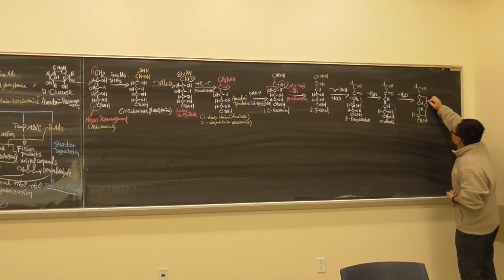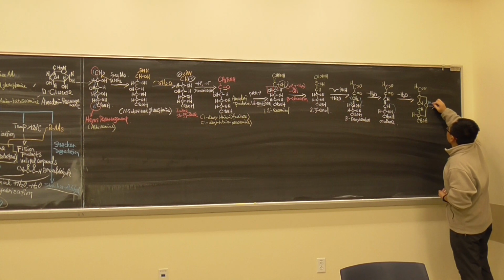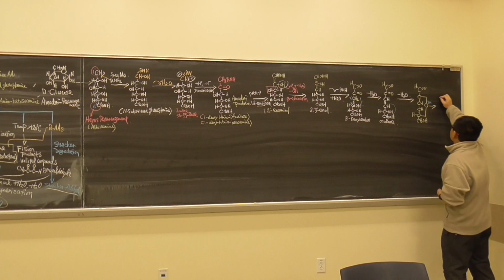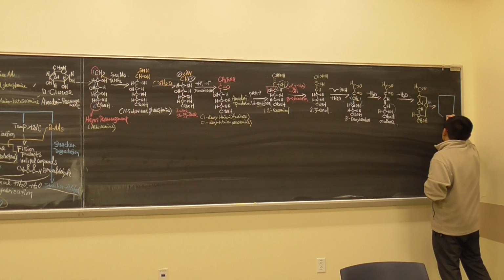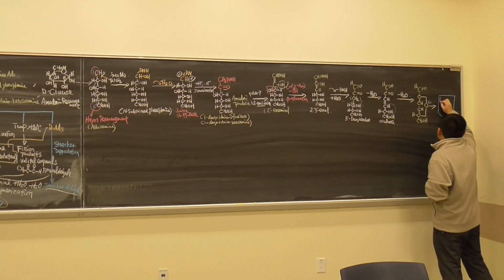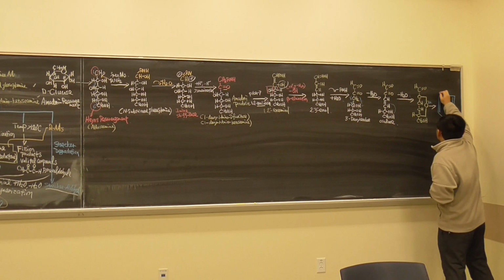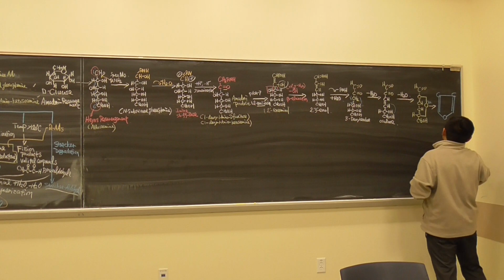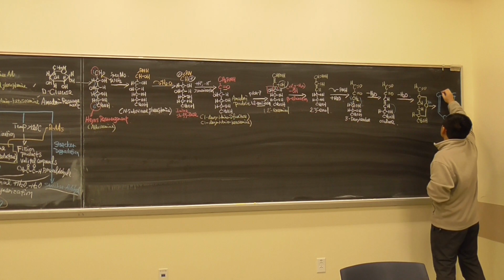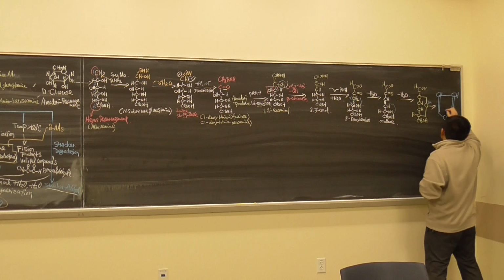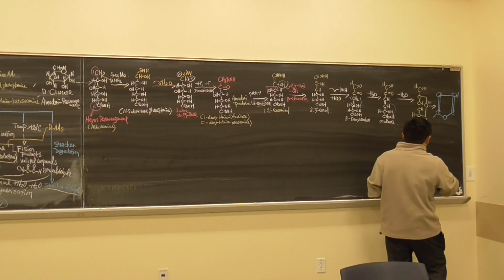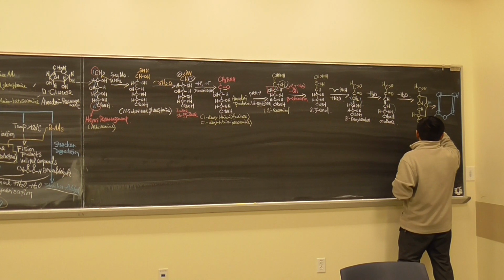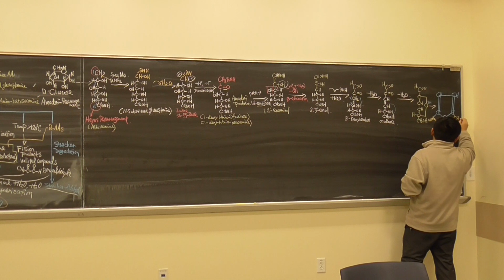This is isomerization, okay? Isomerization. They will become here, that's C, that's actually CH. Sorry, CH. This is C, that's C. This is OH, CH3. This is CHO.